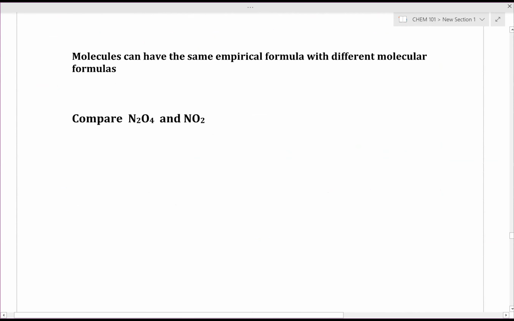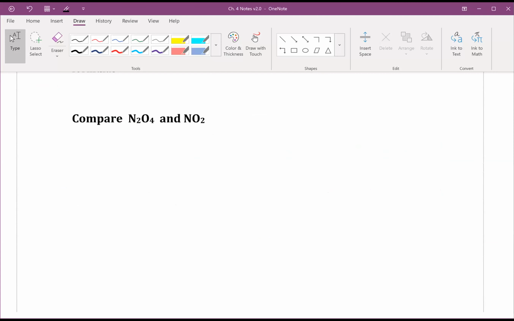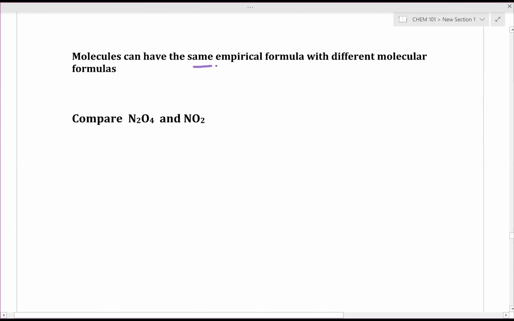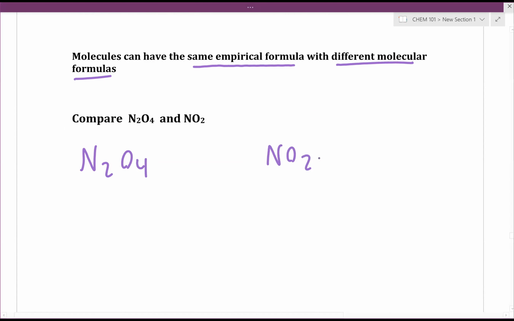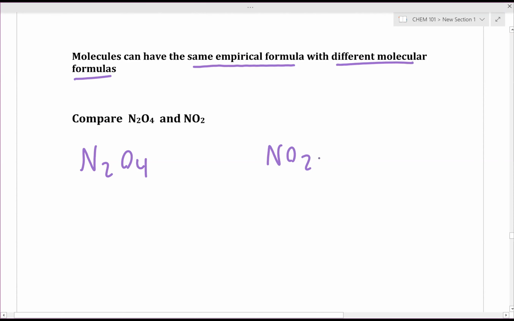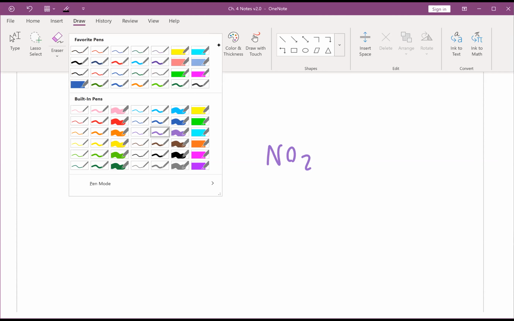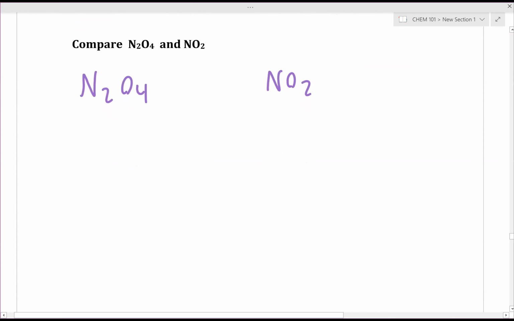So one thing that I really want to establish is that molecules can have the same empirical formula with a different molecular formula. So let's compare, for example, N2O4 and NO2. As we're switching to determining empirical formulas, let's now switch pen colors and look at the ratio of atoms of each element. So in N2O4, we have how many theoretical moles of oxygen?